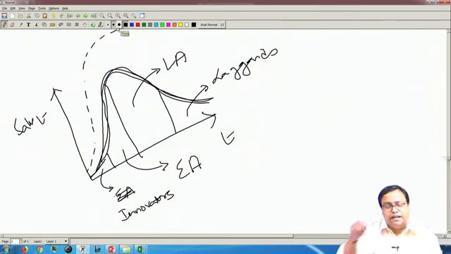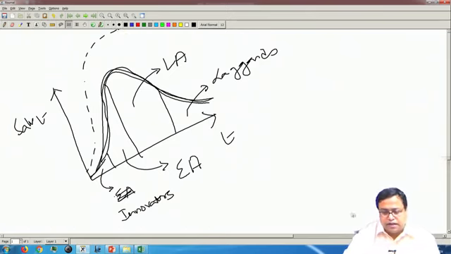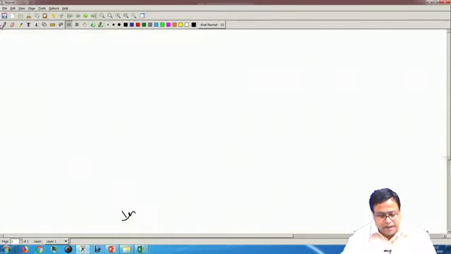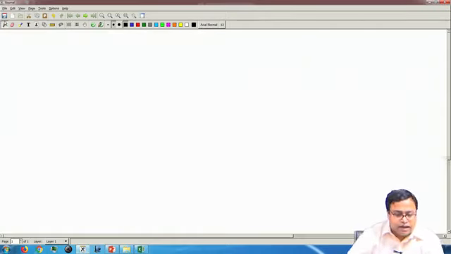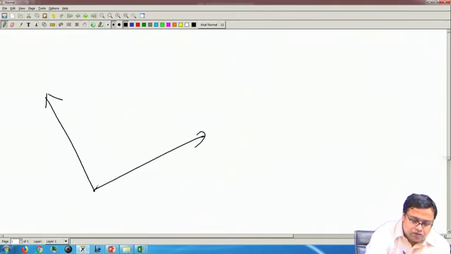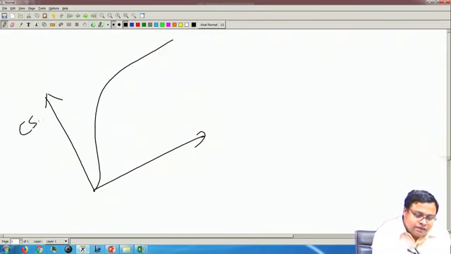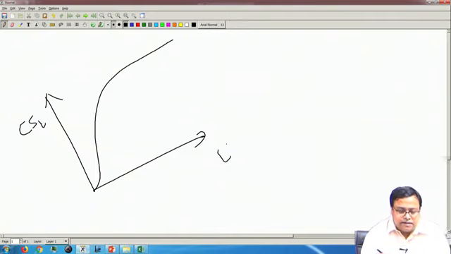It goes up and then gets saturated at a certain point of time, so it looks like an S curve. This is the cumulative sales against time t.